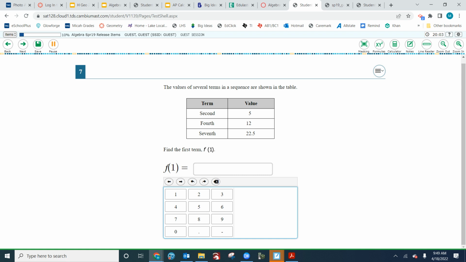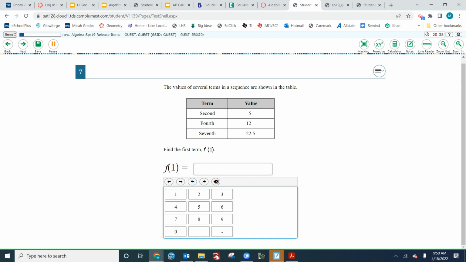Could you just do ordered pair? Trying to figure out if it's arithmetic first, maybe. So, on your paper, write down, like, in terms, because we have the second term, we have the fourth term, we have the seventh term, we're trying to find the first term, right? Do you understand that's what it's asking when it says f of 1?